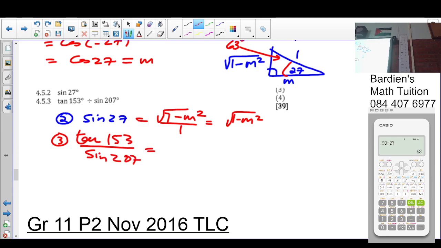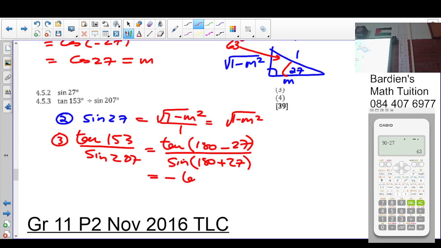So 153 is in the second quadrant. So it's tan of 180 minus 27 over sine of 180 plus 27. Is that correct? So tan in the second quadrant is negative, so it's negative tan 27 over negative sine 27.